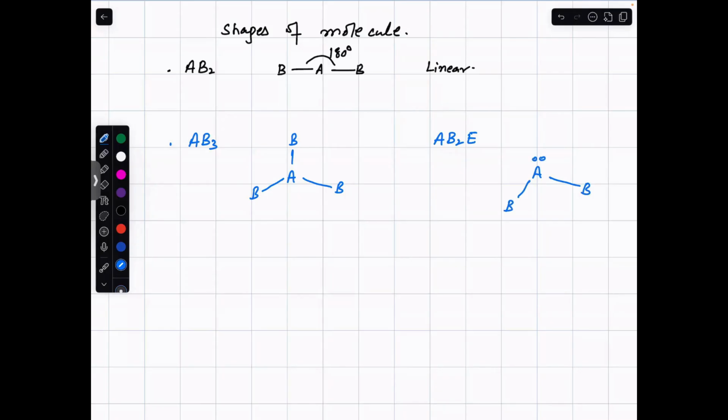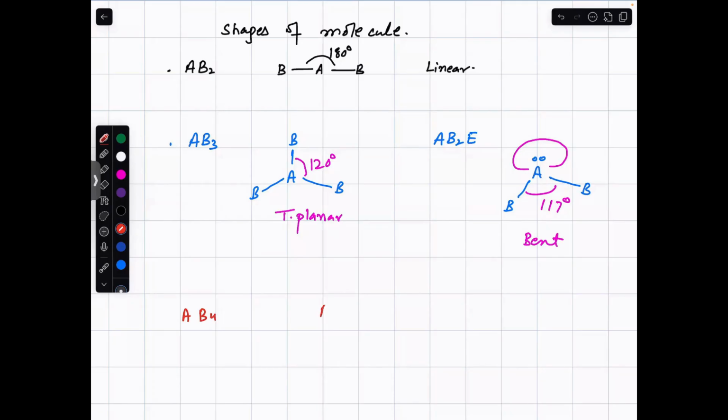Now, if all 3 are bond pairs, there is a maximum separation of 120, trigonal planar. The lone pair occupies more space, so it becomes 117, bent.